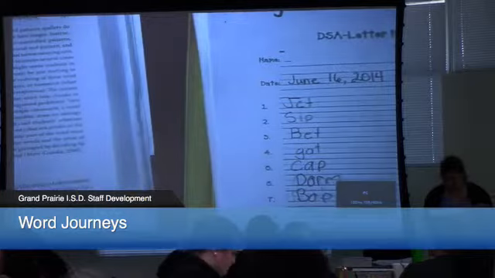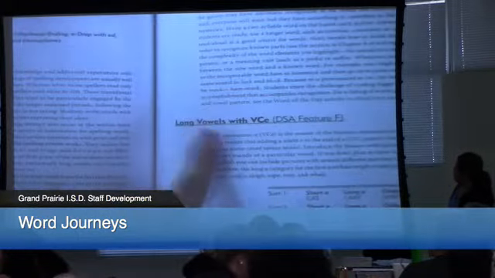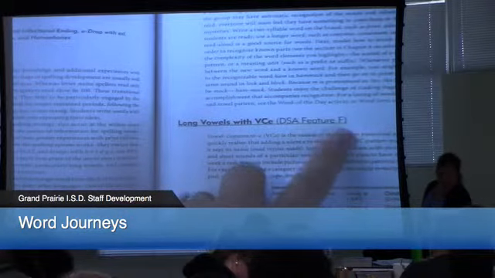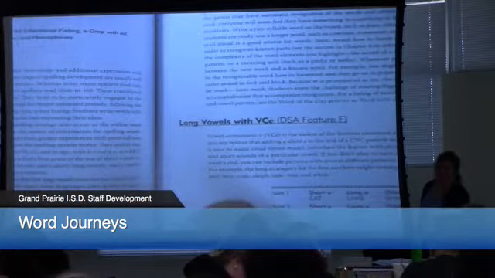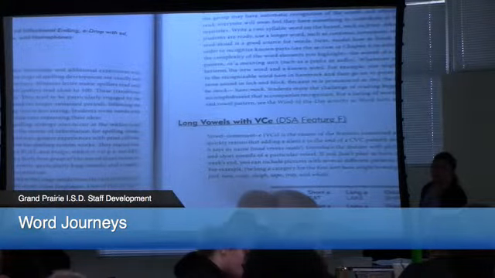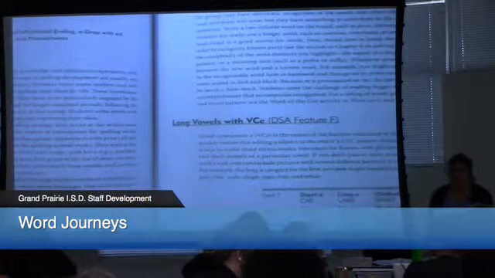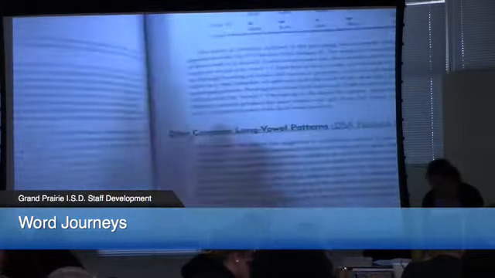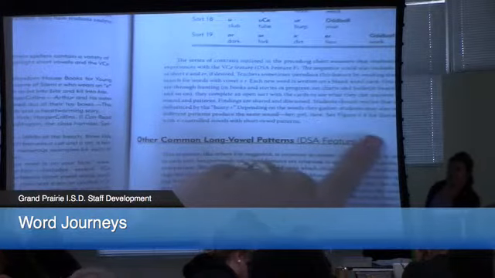Page 179, see where it says long vowels with vowel consonant E, feature or pattern F? Is that where we're starting with her? Okay, but what if we were starting at pattern H? Would we start here? No, so we would keep turning the page until we got to H, and I'd say, oh, there's H. That's where I would start off.